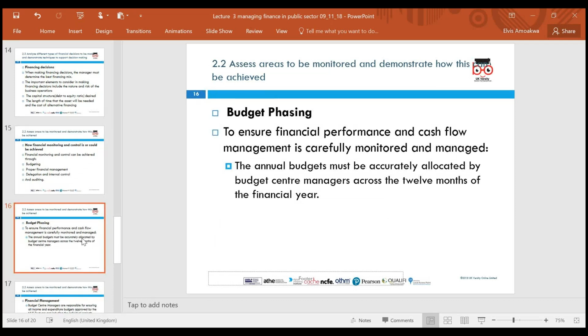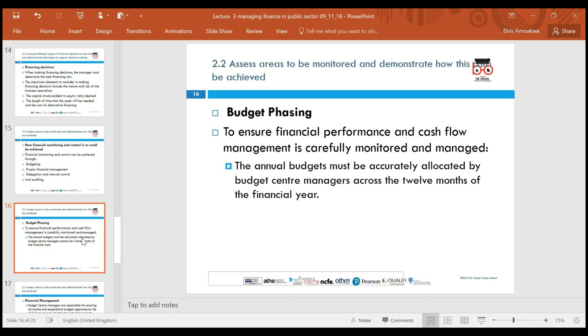Let's look at the budgeting. Now, we often do budgets on a daily basis or on a weekly basis when we are able to get our wages and want to go and buy things. So everybody is doing budgeting.